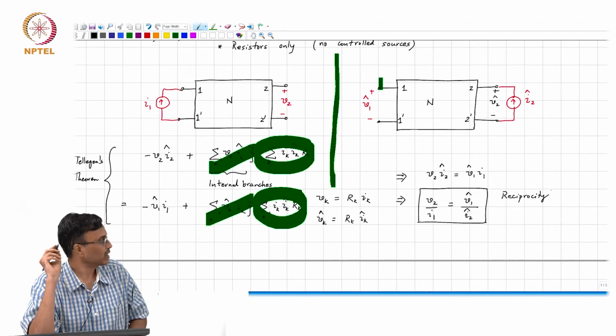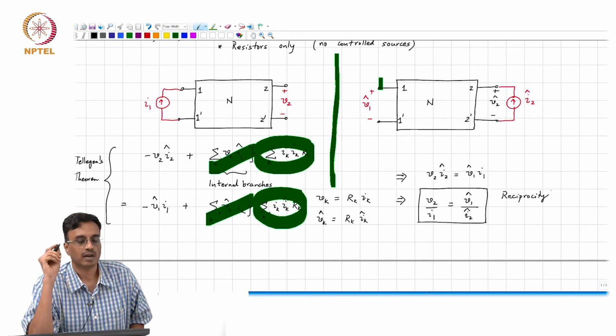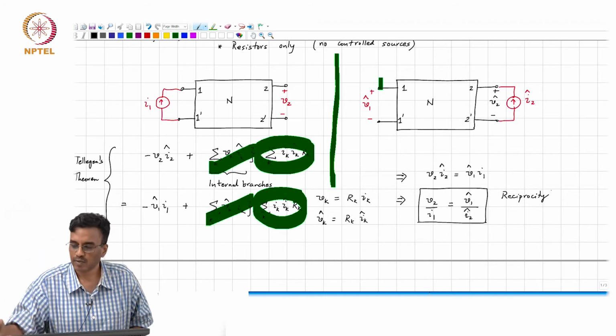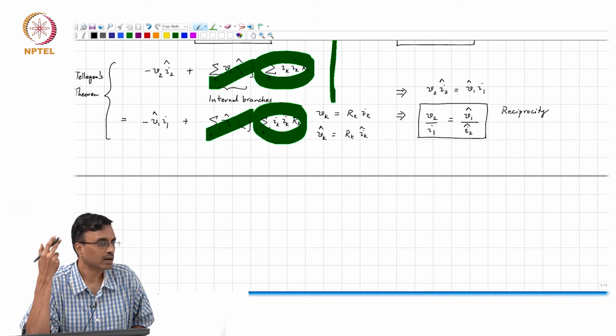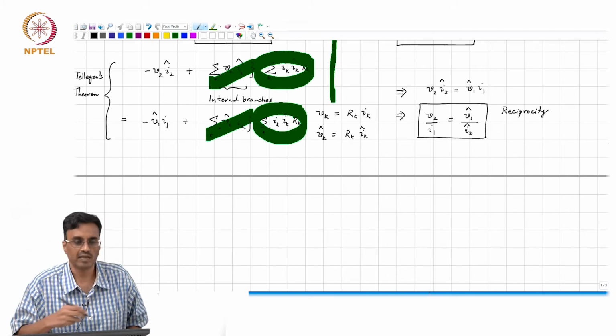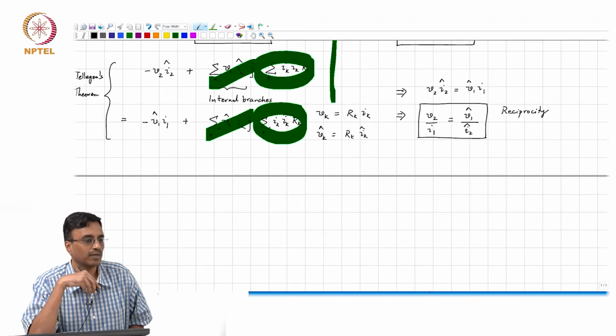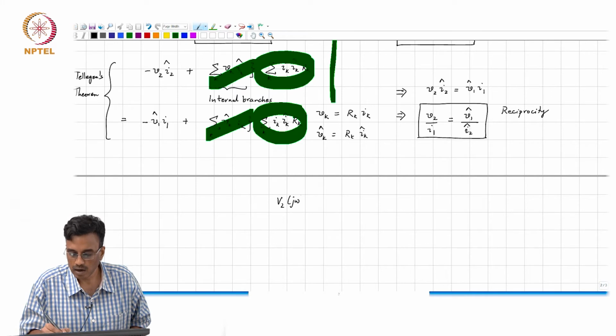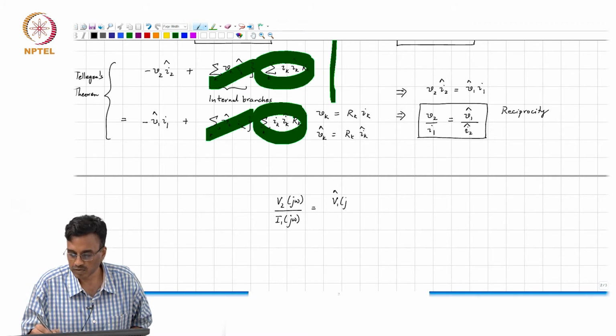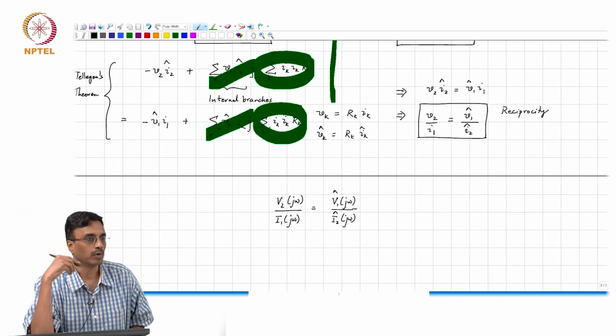Of course, we now only did this for a network with resistors. You go through the same proof and it is easy to see that if you have impedances, V2 of j omega by I1 of j omega is V1 hat of j omega divided by I2 hat of j omega. The proof is exactly the same.